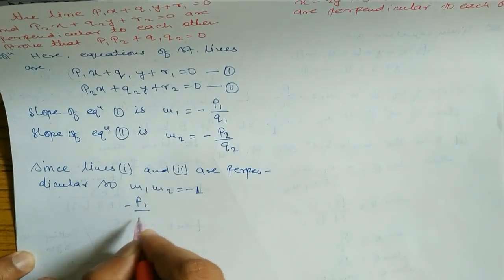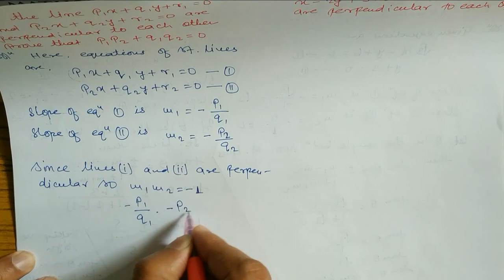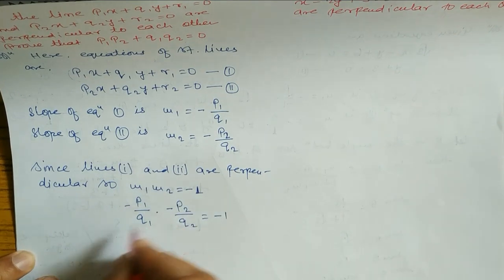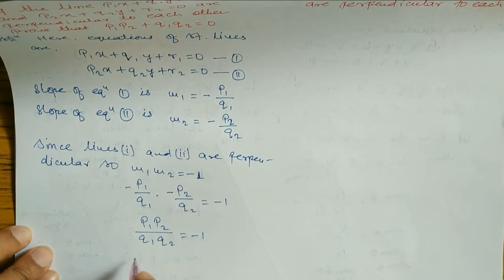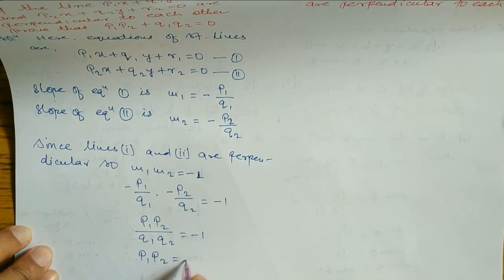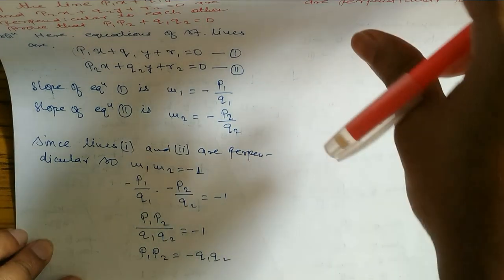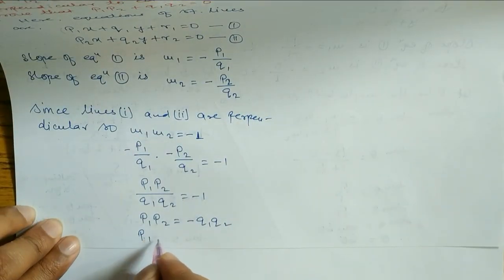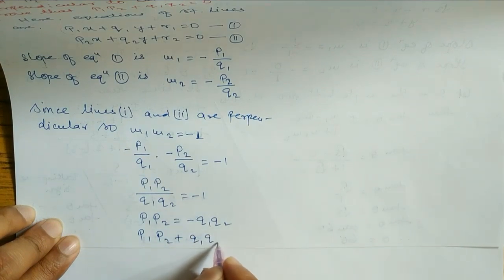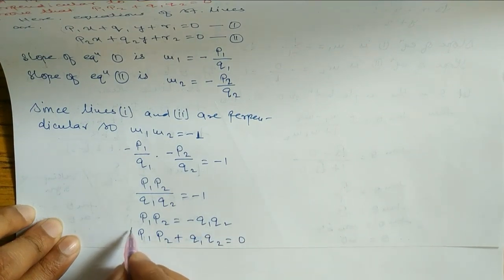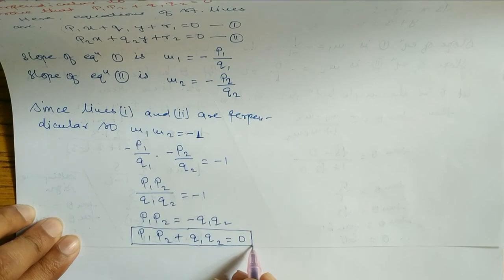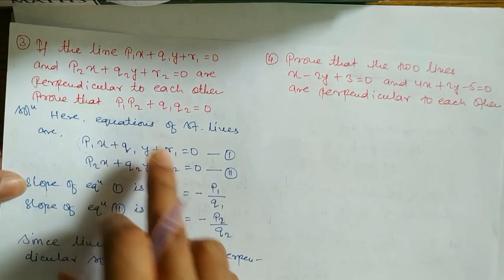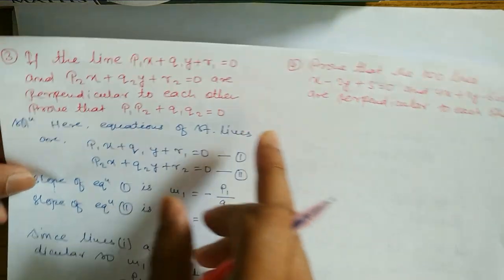So we have to write P1 by Q1 into minus P2 by Q2 is equal to minus 1. Now multiply minus minus plus, so we can write P1 P2 by Q1 Q2 is equal to minus 1. Cross multiply, P1 P2 is equal to minus Q1 Q2, and after this we have to arrange: P1 P2 plus Q1 Q2 is equal to 0. We have to prove P1 P2 plus Q1 Q2 is equal to 0, which is here.